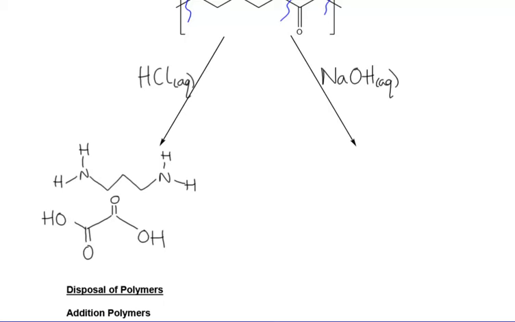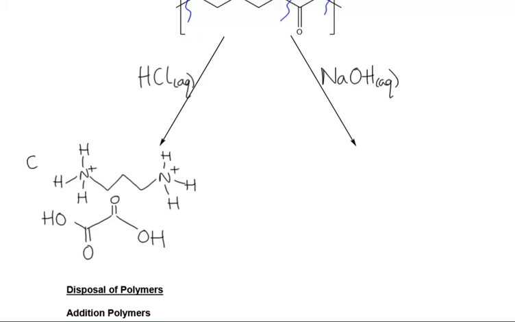Now, do either of those react with hydrochloric acid? If you remember from your amines notes, you'll see that amines are bases, so they react with hydrochloric acid. So actually this structure here isn't quite correct. I need to add a third hydrogen to each of these ends and put a plus on it.